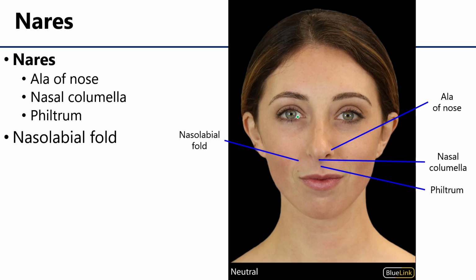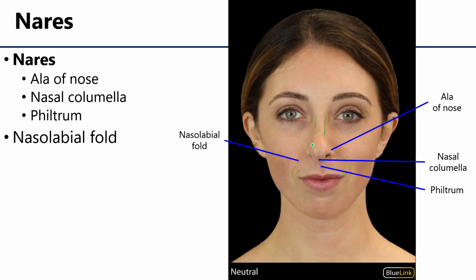The nose is another rather prominent feature of the face. It's an important structure for both ventilation, or moving air in and out of the respiratory passage, as well as for phonation and making sounds. So we have obviously the bridge of the nose as it comes down.